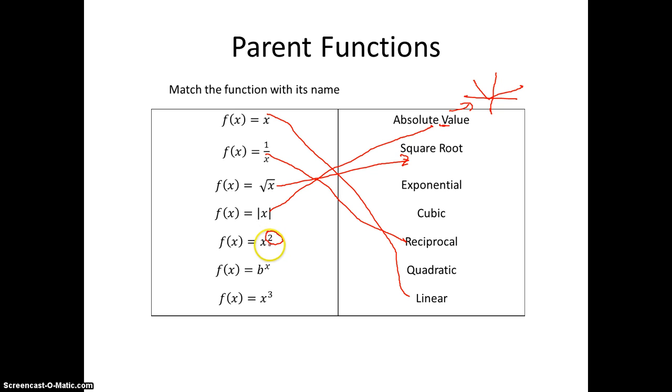Quadratic, right? Squared will be quadratic always. Now that's only if squared is the highest exponent there. If it was the third, what would that be? Well, cubic. And then x in the exponent, therefore it is exponential.